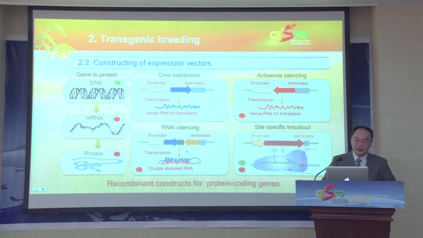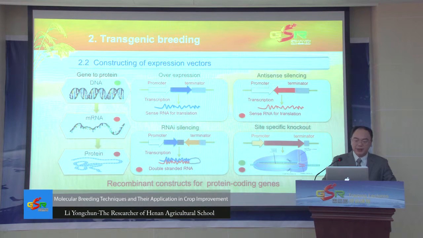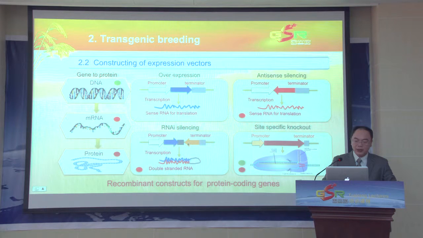This vector showed how to construct an RNAi silencing vector. In this vector, the forward and the reverse elements were included, and a spacer, commonly a natural intron segment, was inserted between these two segments.